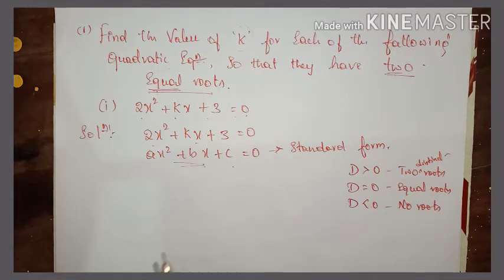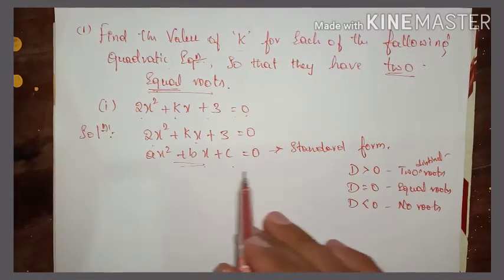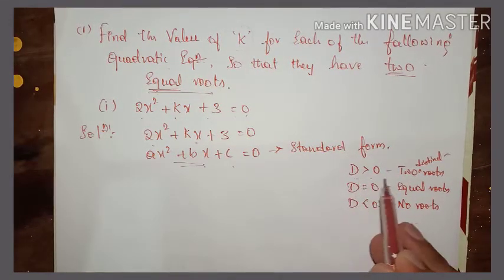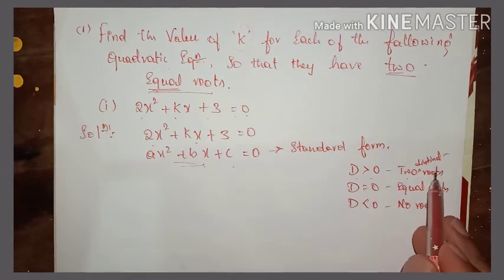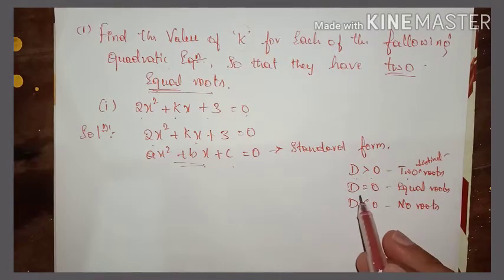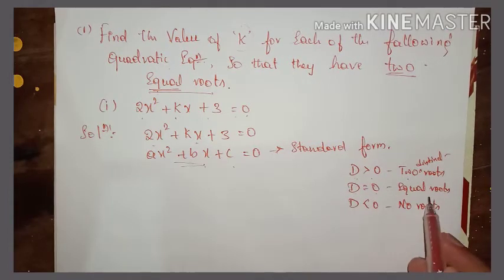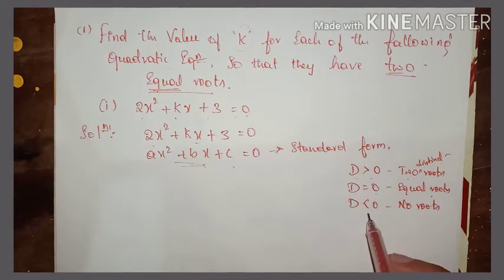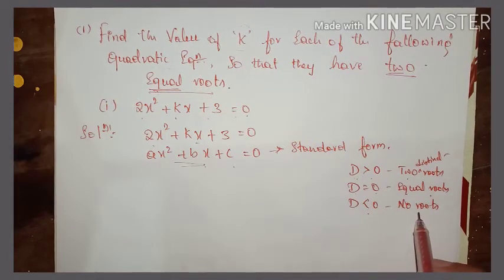If the discriminant is greater than 0, we get two distinct real roots, which means different roots. If the discriminant is equal to 0, we get two equal roots. If it is less than 0, there are no real roots.